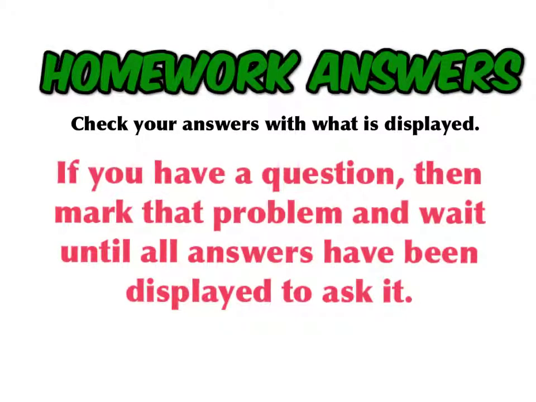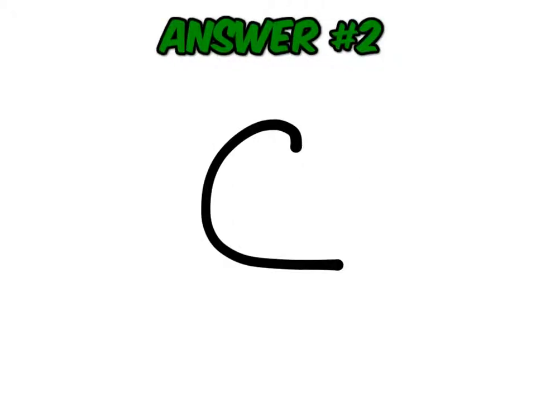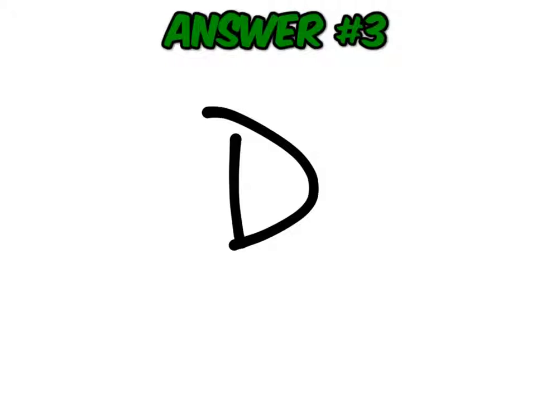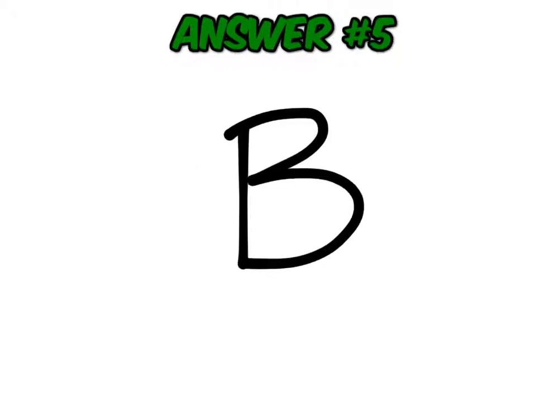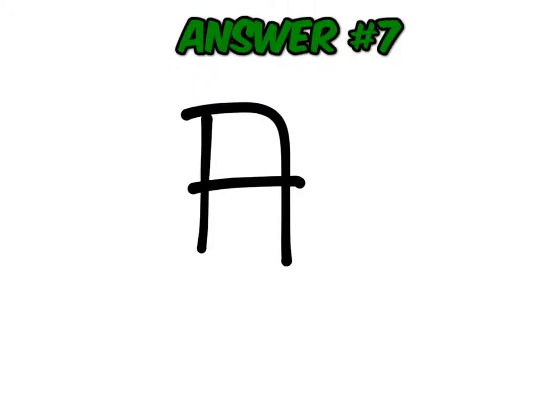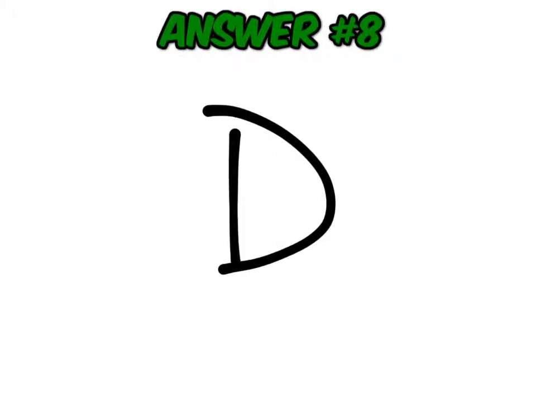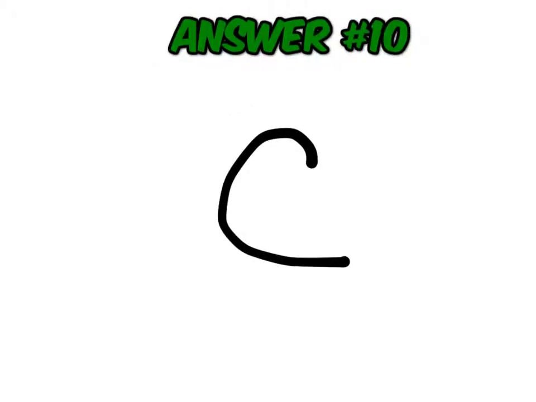Here are the answers. 1 is D, 2 is C, 3 is D, 4 is C, 5 is B, 6 is D, 7 is A, 8 is D, 9 is B, 10 is C.